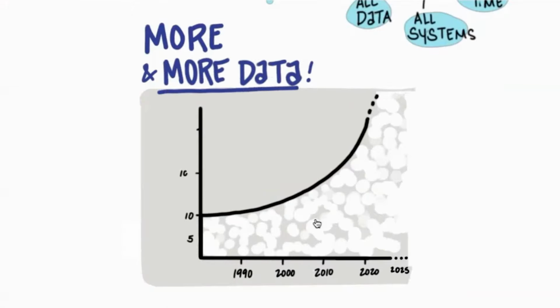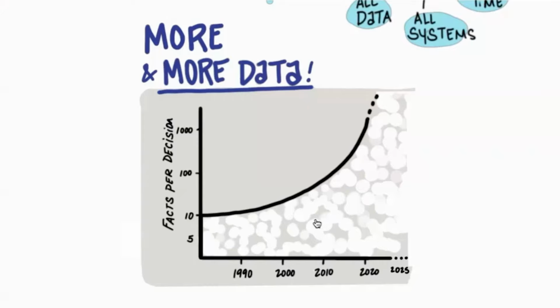So not only is there data in more places, but there is a lot more data. And Dr. William Stead at Vanderbilt wrote a paper a few years ago where he estimated the amount of data that existed for complex decisions in healthcare.